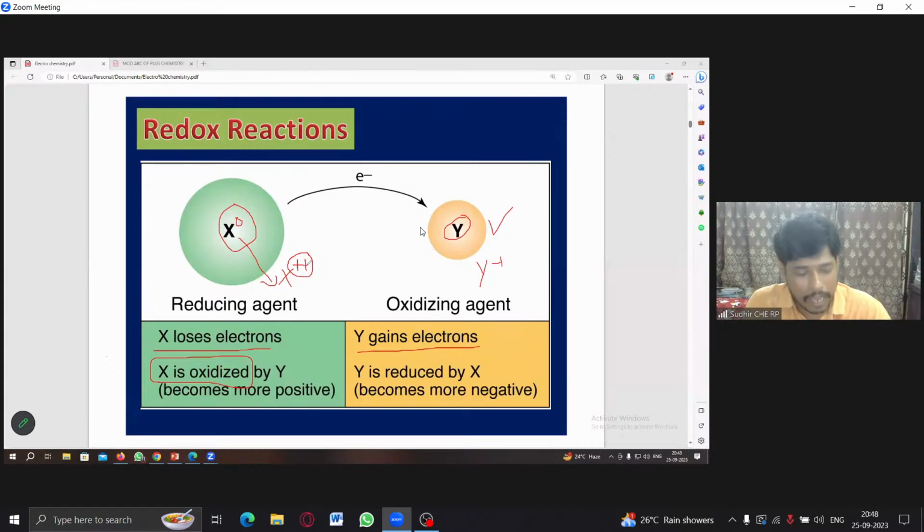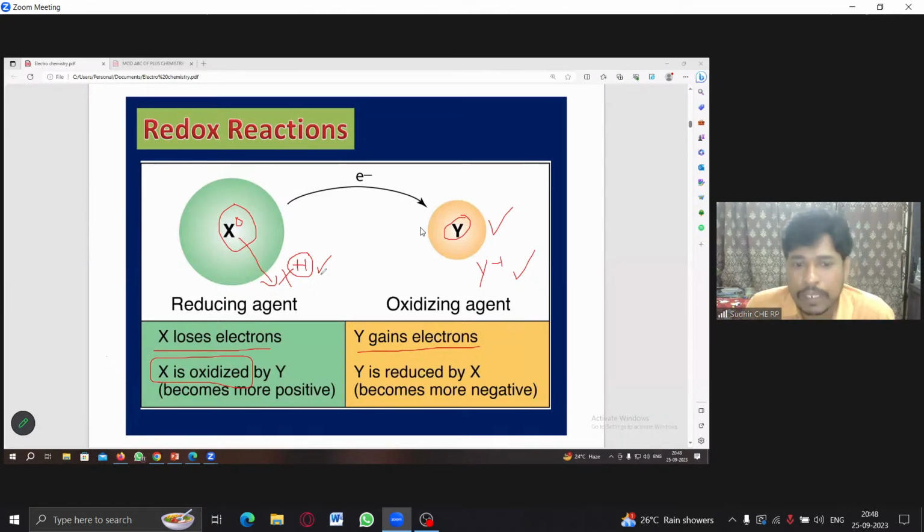What is the last statement I said? Addition of an electronegative element is called oxidation. Now, as per the chemical bonding concept, X plus 1 and Y minus 1 are produced because of this transfer of electron.